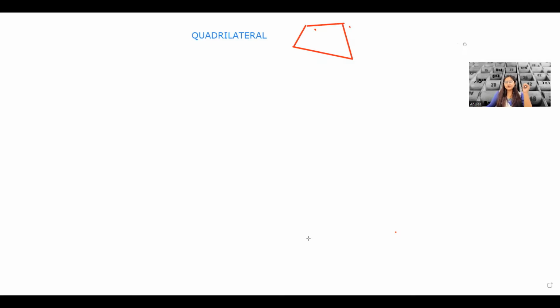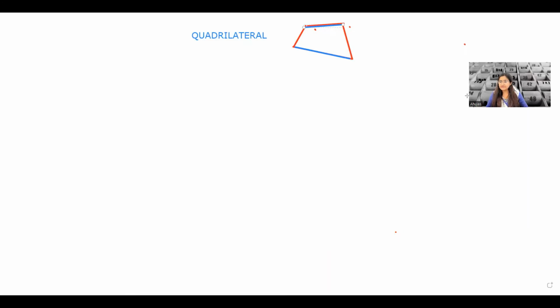Now let's revise a few things about quadrilaterals from the previous classes. Suppose this is a line, this red line, which I'm making blue. If you can see, this line is opposite to this line, right? These are known as opposite lines.